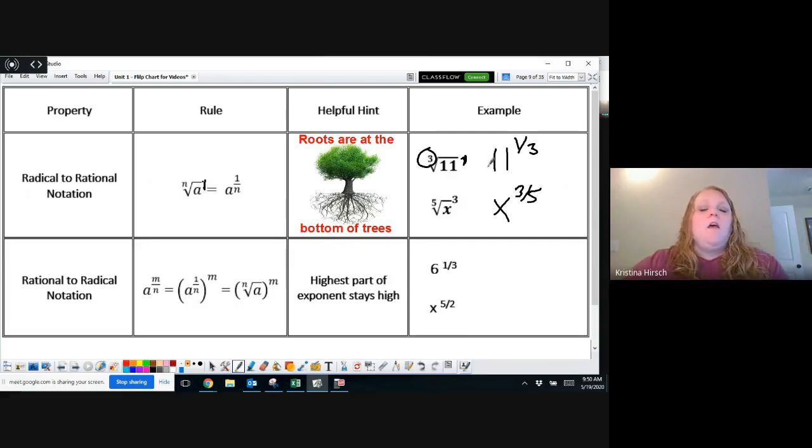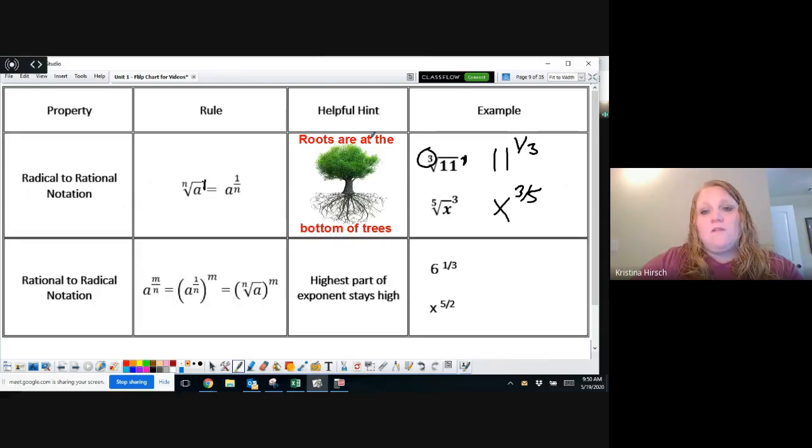In a prior video, I think I looked at something like x to the 1/2 power being the same thing as the square root of x. That's where this next property comes in. This time we're going from rational notation, which means we start off with a fractional exponent, and we're going to convert it to radical notation.